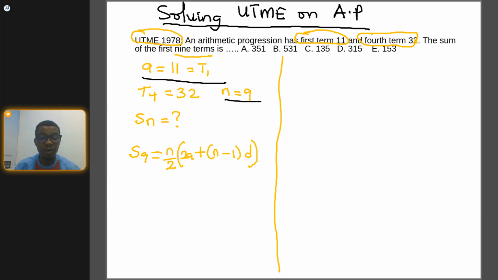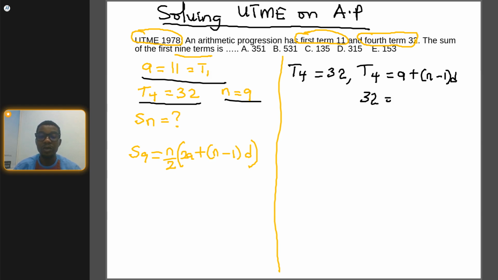So how do we obtain the value of d? We need to make use of this information, the fourth term. If the fourth term, T4, equals 32, it means that T4 equals a plus open bracket n minus 1 close bracket d, and T4 has been given to be 32. That's 32 equals a plus, now the n here represents the number of terms, which is 4.